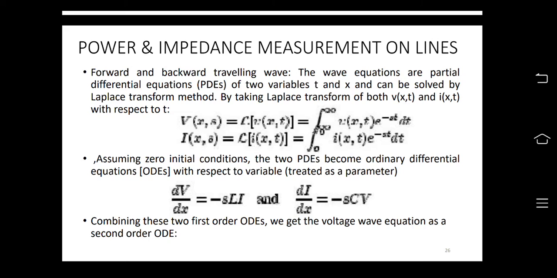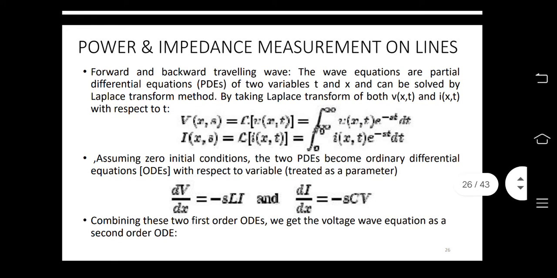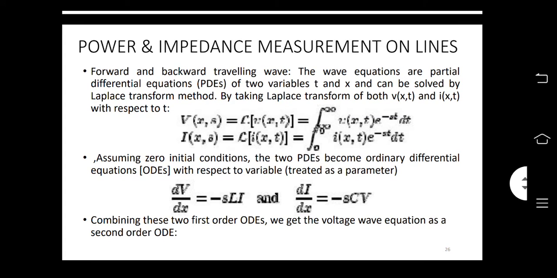Similarly, I of x comma s is equal to the Laplace transform of I of x comma t, which is again the integral from 0 to infinity of I of x comma t e power minus st dt. Assuming zero initial conditions, the two partial differential equations become ordinary differential equations, that is ODEs, with respect to the variable x. So dV by dx is equal to minus s into L I, whereas dI by dx is equal to minus s into C V.